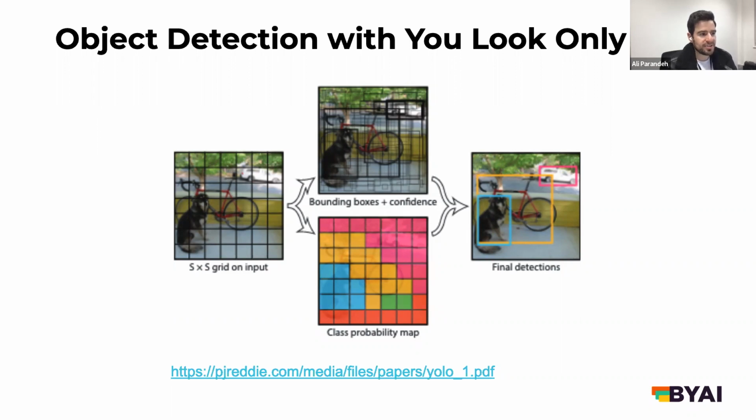When you combine them together, you use a process called non-maximum suppression to get rid of all the bounding boxes that are noise. When you combine the bounding boxes and the class probability map, you can then predict with good accuracy where the objects are on the image, as you can see here.